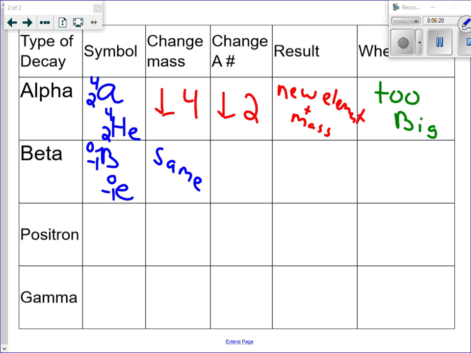If you look at alpha, the change in atomic number went down by 2. What do you think the change for beta for atomic number is going to be? Up by 1. Which, if you change the atomic number, it's a new element. But it'll have the same mass.